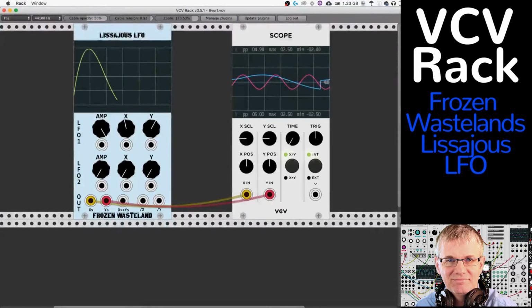Okay, two separate things. But what's happening up on the screen here on the actual Lissajous LFO, you can see this one line because this is the sum of X and Y. So the X and Y together as two separate variables are giving us this up on the board.